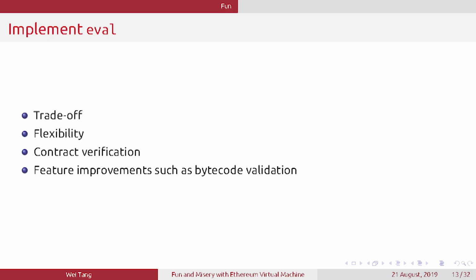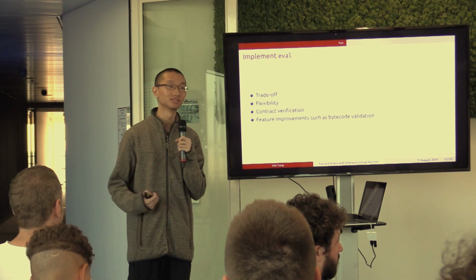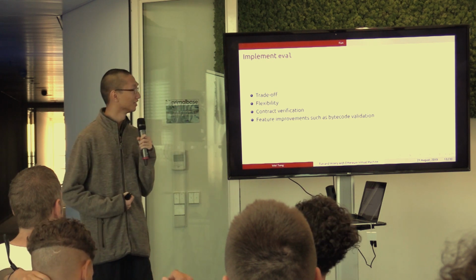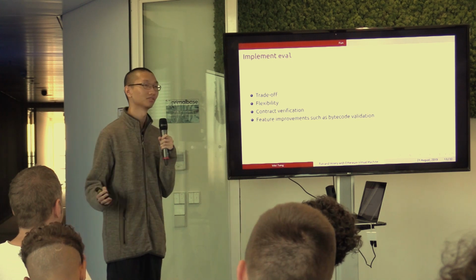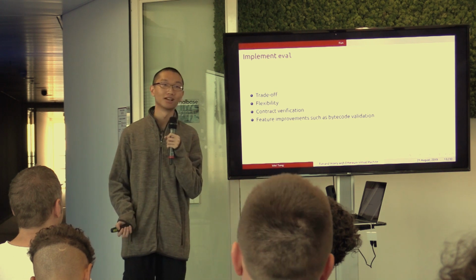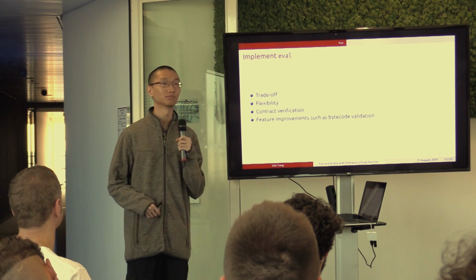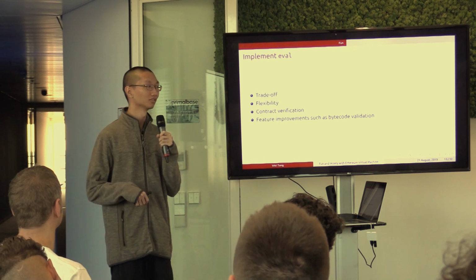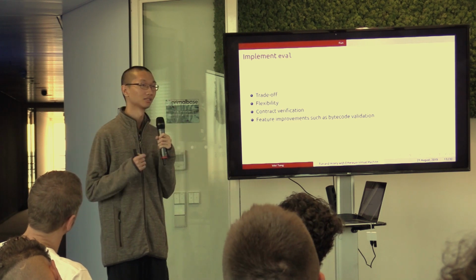So it's definitely a trade-off, and you get some flexibility. But on the other hand, especially recently when we want to do some more EVM improvements like EIP 615, it creates some issues. It really creates issues for contract verification, because everything in the deployed contract code is at first interpreted as code.